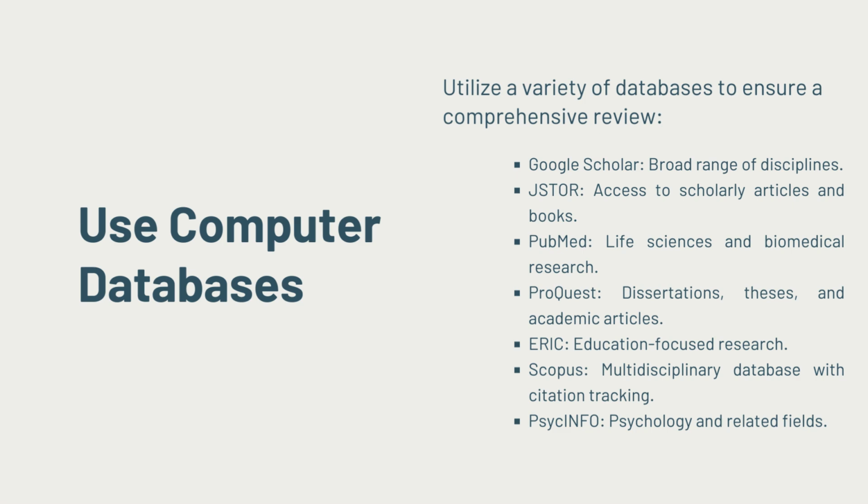It offers an extensive collection of literature on psychology and related fields. According to the MIT libraries, it is recommended that you use a combination of these databases to ensure that you have a good hold and a comprehensive view of the literature in your area of interest.